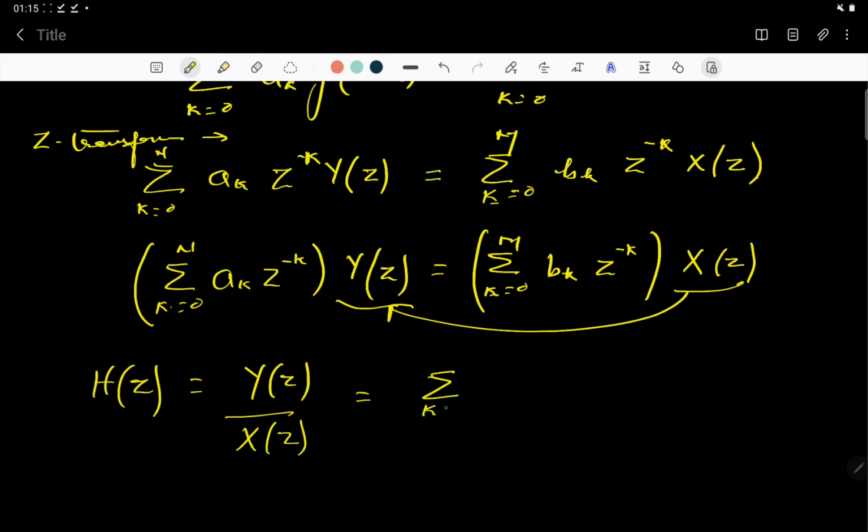Then what you will get is the summation over k equals 0 to M of b_k z to the power minus k, divided by the summation over k equals 0 to N of a_k z to the power minus k.